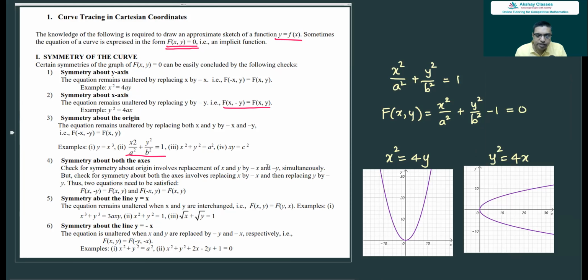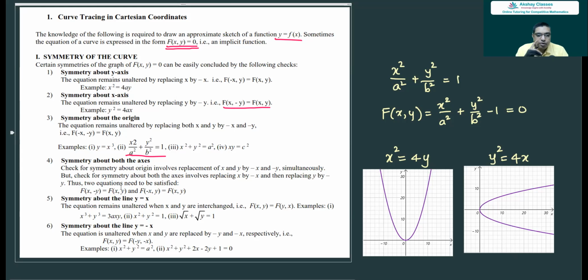So there's a graph of y square equal to 4x. The function will be symmetric about the x-axis if, about y equal to 0, the sign does not change. So put y equal to 0, that's the x-axis. About the x-axis, y square minus 4x is positive. About the y-axis, x square minus 4y is positive.